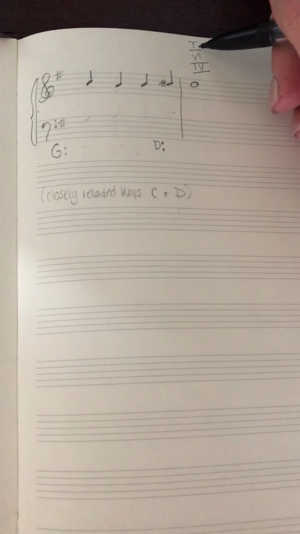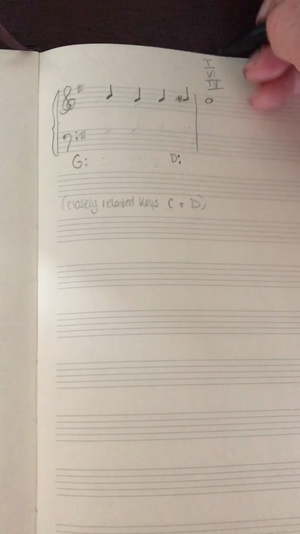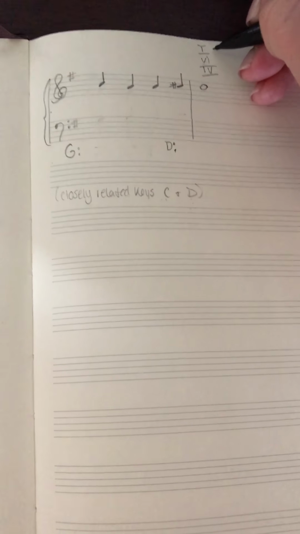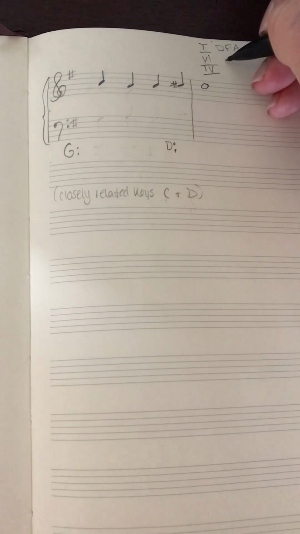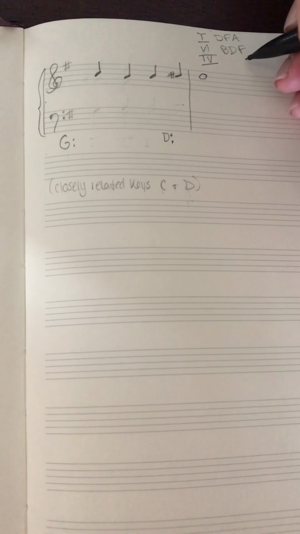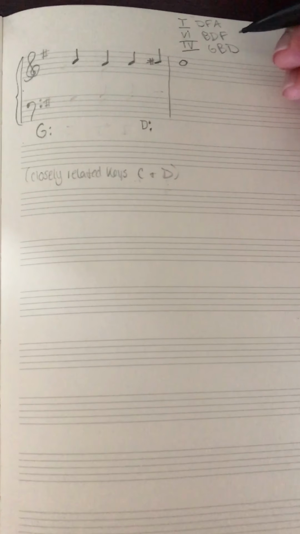So to decide which of these chords we're going to use, and let me backtrack just a little bit in case I skipped a step here for you. Our 1 chord would be D, F sharp, A. Our 6 chord would be B, D, F sharp. And our 4 chord would be G, B, D. That's where I got those Roman numerals from. All right.